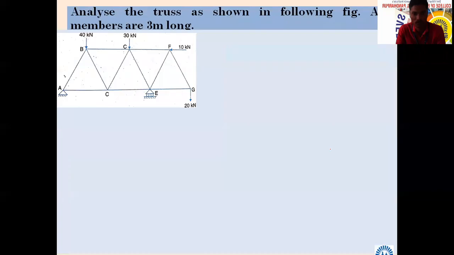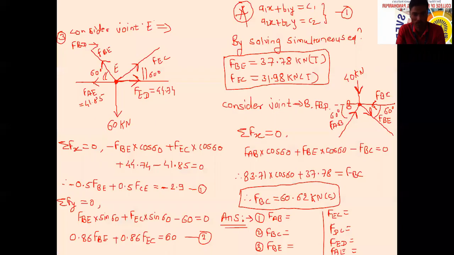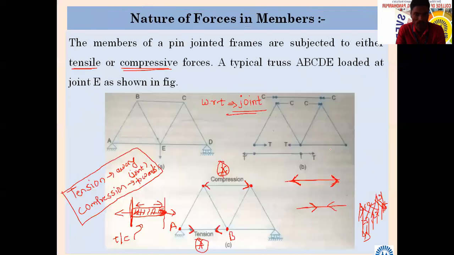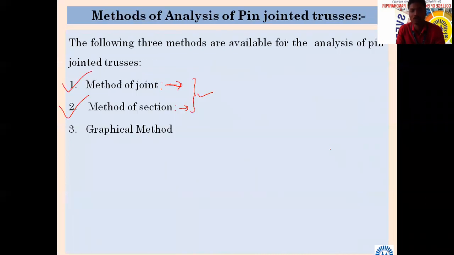If I go quickly back, in truss we have seen two methods mainly: the method of joint and the method of section. Analyzing the truss means finding the forces in the members.